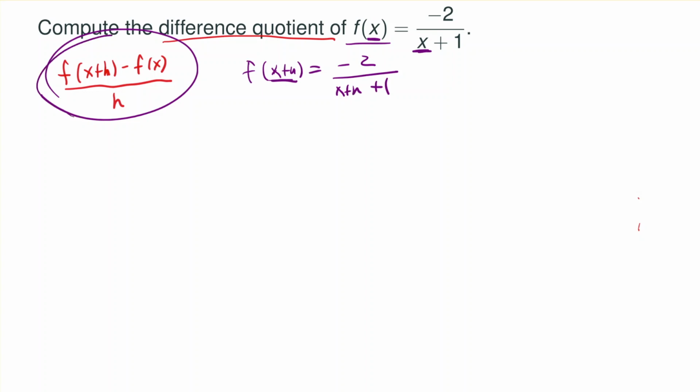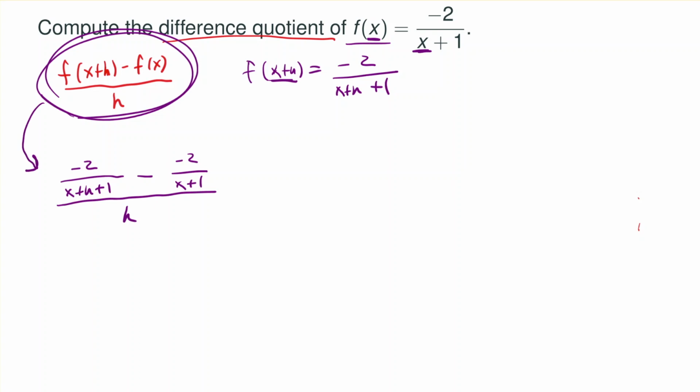Combining, I can write negative 2 over x plus h plus 1 minus negative 2 over x plus 1, which is the f of x given right here. Divide by h. This is the difference quotient form from the beginning. Now we just have to simplify.